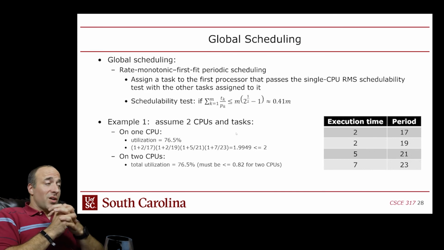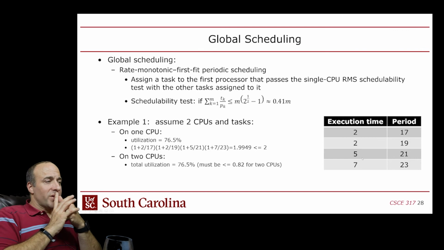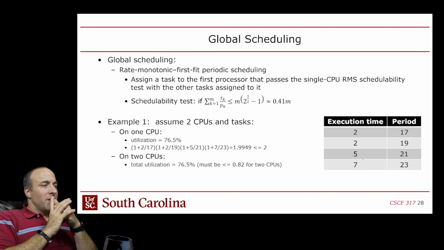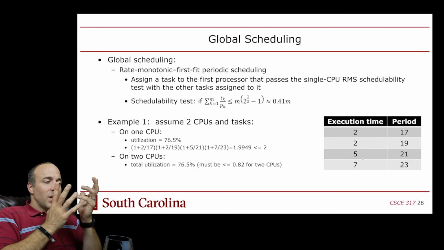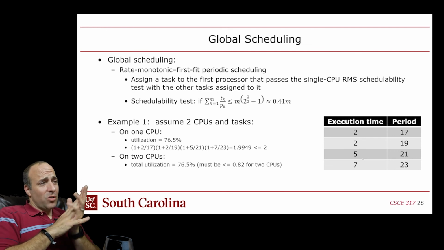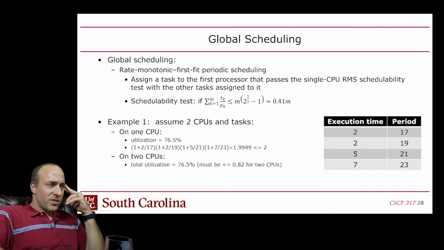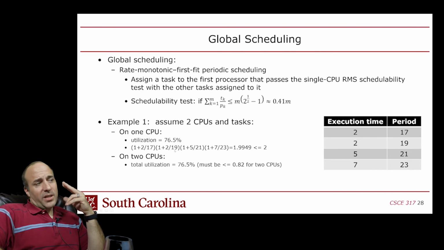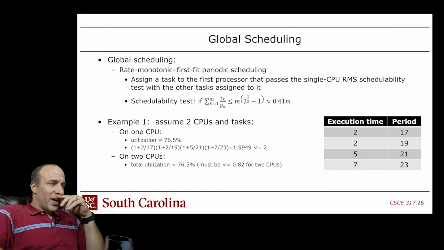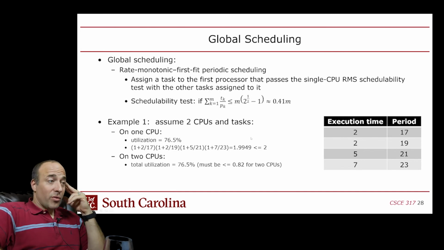If you just had one CPU and you had the following tasks shown in this table, the utilization there is 76.5%. And so if we do our single CPU RMS schedulability test, we would take 1 plus 2/17 times 1 plus 2/19 times 1 plus 5/21 times 1 plus 7/23, and the product there is 1.9949.